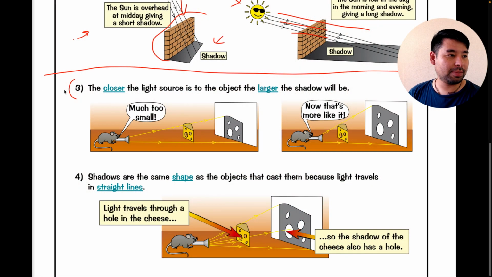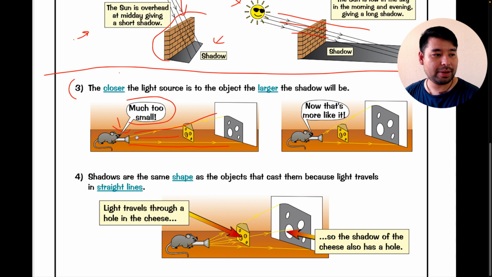Again, the closer the light source is to the object, the larger the shadow will be. For example, we have this thing here, and we make this little shadow. We can see that there is a distance between the cheese and the light source, okay?